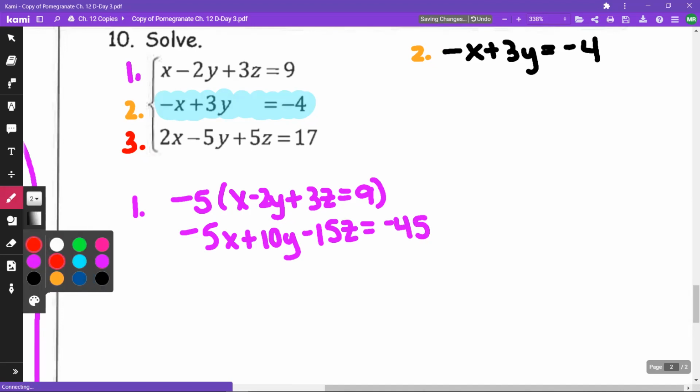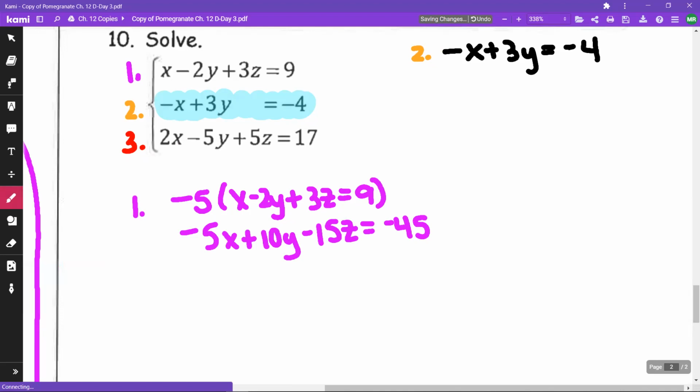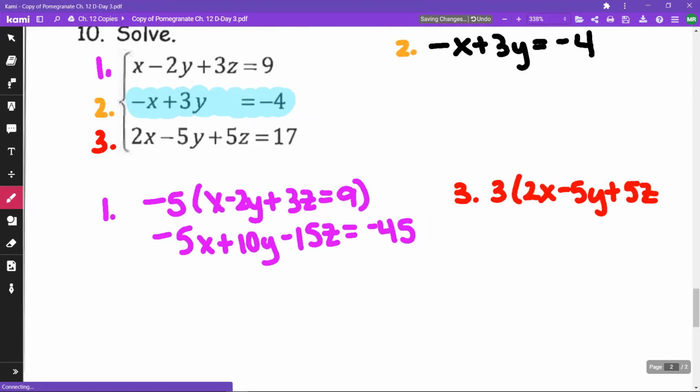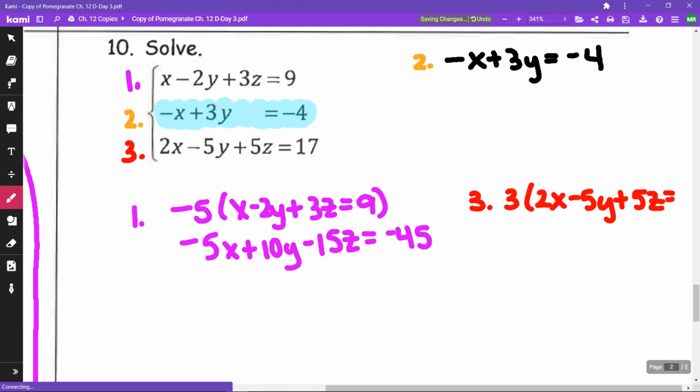I am going to take equation 3. I'm going to multiply that by, let's say, a positive 3. So 2x minus 5y plus 5z is equal to 17.